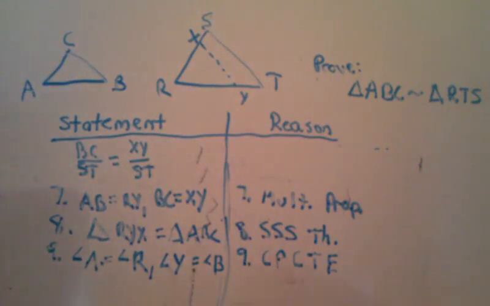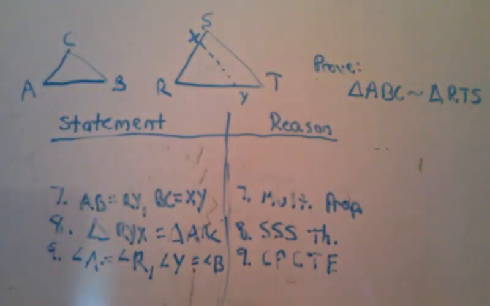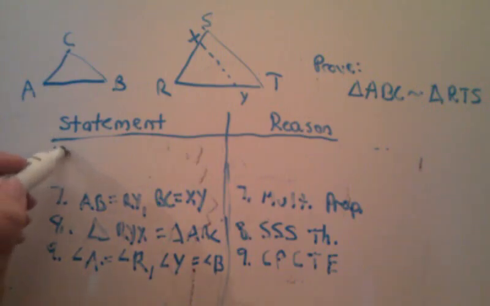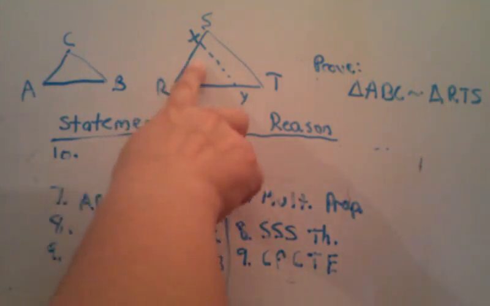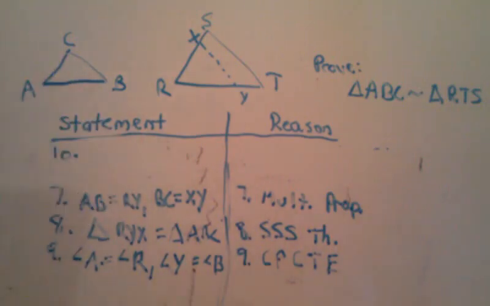Alright. Okay, so let's look at number 10. Number 10 says, triangle RYX is similar to triangle ABC.